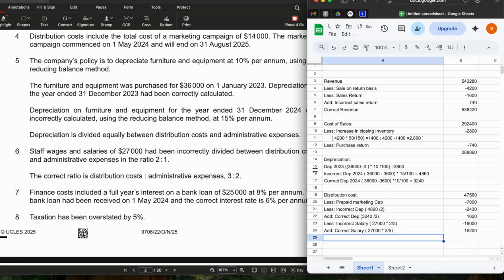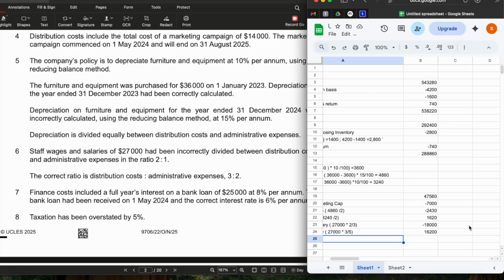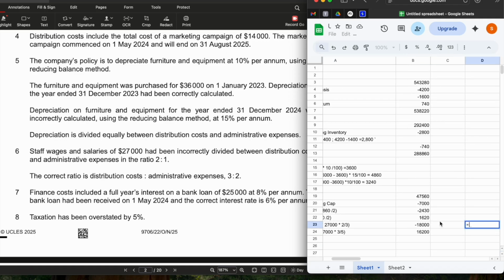Now, as you can see, previously the salary amount was 18,000. Now the new salary amount is 16,200. If I do a small calculation out here, just in case.